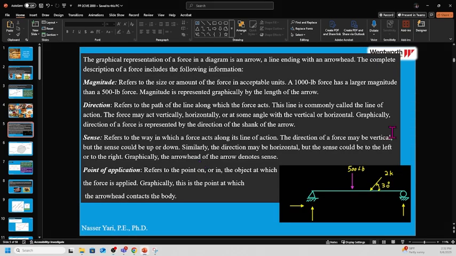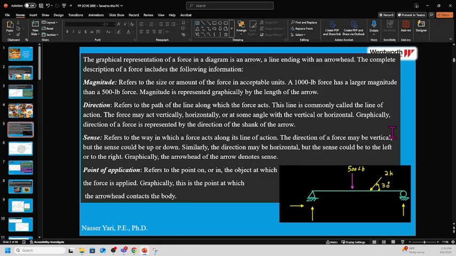Anyway, criteria for force, there are four different criteria to keep in mind. One is the magnitude. What is the magnitude of the force? 500 pounds, 1 kip, 100 kilonewtons. That's the amount, based on the weight of the object or the force of the object. Then there's the direction, referring to the path of the line along which the force acts. It's which direction it is going, and basically what we call the line of action.